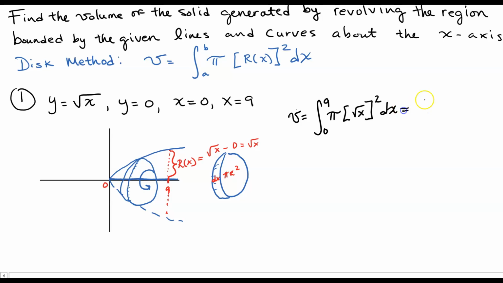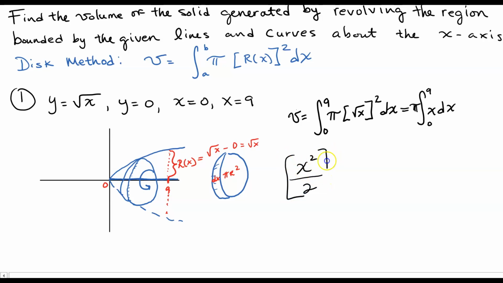We can simplify this a little bit, and I'm going to move the pi outside. I'm going to have square root of x squared, which is x. So it's x dx, again from 0 to 9. Then when we integrate that, we get x squared over 2.